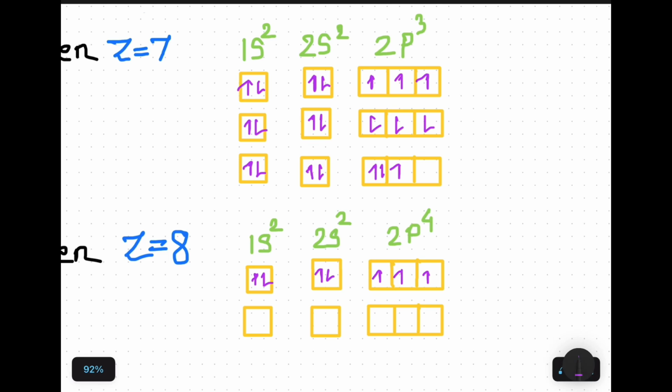Then the fourth remaining electron will pair up with the first one. But the electron configuration is not going to be like this. They will not pair up while one orbital is left and still remains empty.